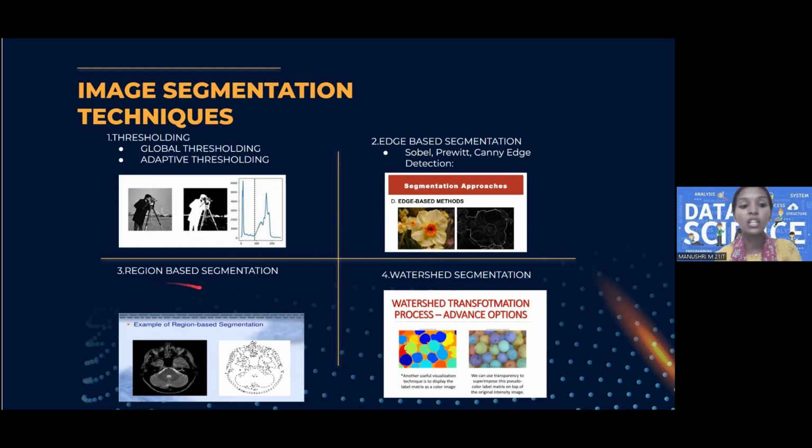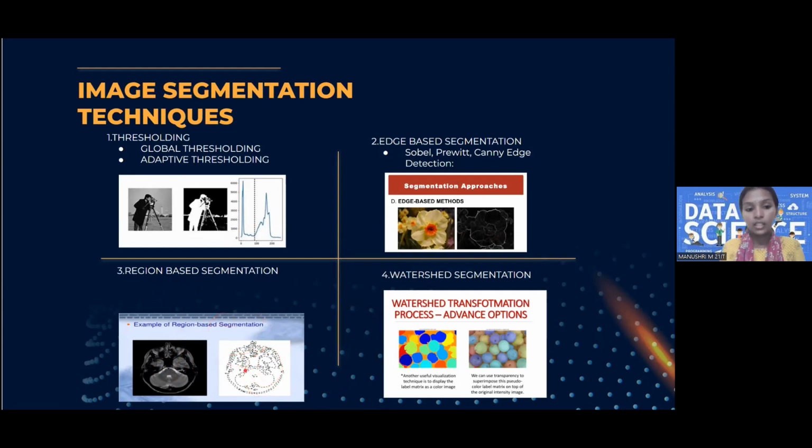Then followed by region-based segmentation. Region-based segmentation groups the similar organs or similar parts together and the dissimilar parts together, in order to show a differentiation.